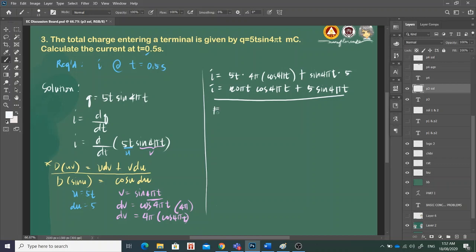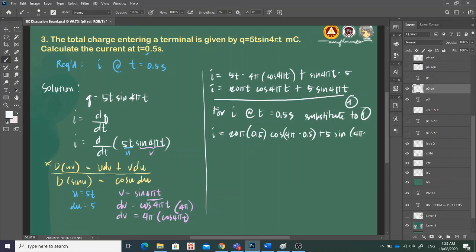Since ang unknown ay yung current, exact value of current at time equals 0.5 second. Okay, so let's say this is equation 1, substitute to 1. So I is equivalent to 20 pi times 0.5, time kasi is 0.5, times cosine 4 pi times 0.5, plus 5 sine 4 pi times 0.5.